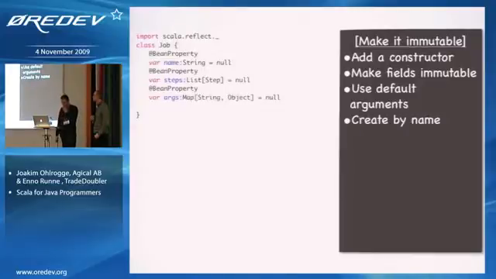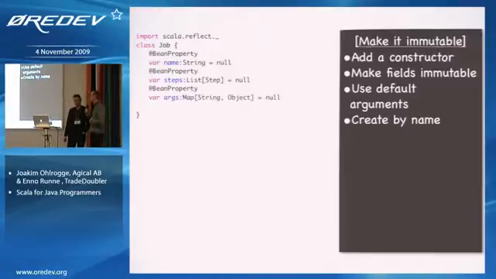So the first thing we want to do is make it immutable, don't we? And Scala distinguishes variables and values. So we have the var keyword, which tells us this is a variable, but we can just change it to val. But first we want to add a constructor to this class.